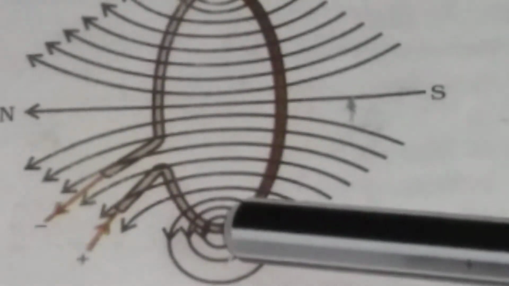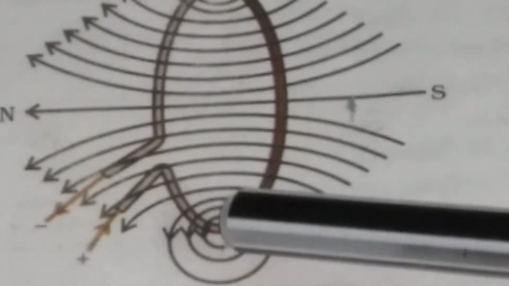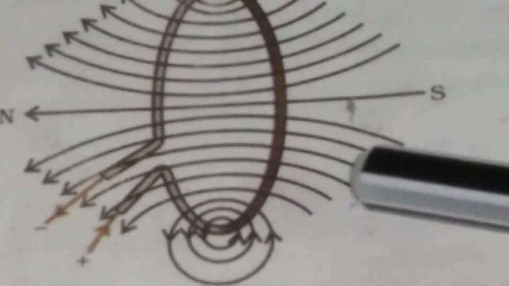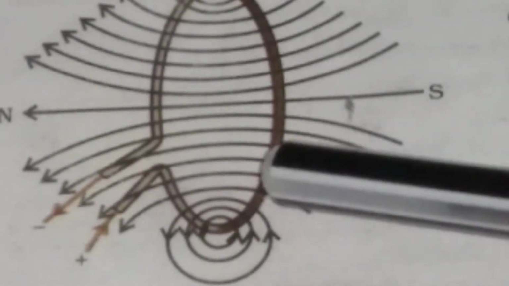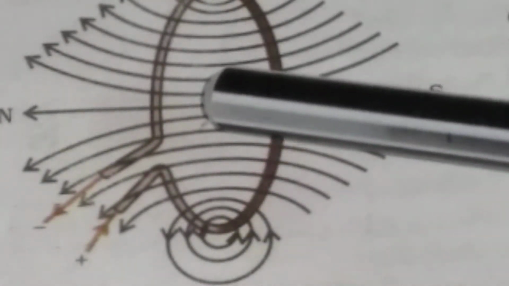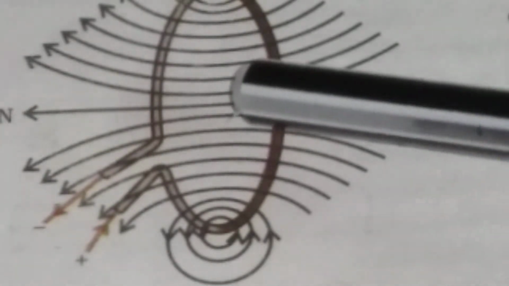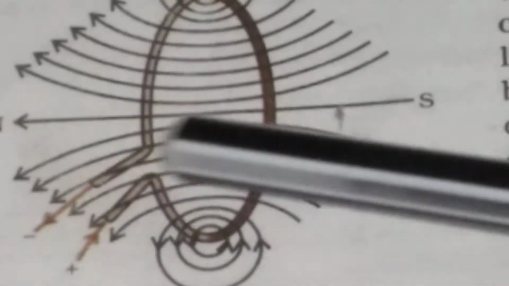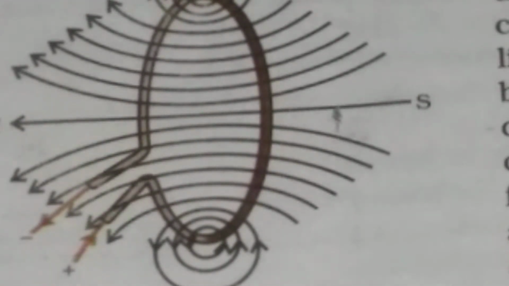When you move away from this conductor, the radius of the concentric circles becomes larger and larger, and as you go towards the center of the circular loop, the circle becomes a straight line.